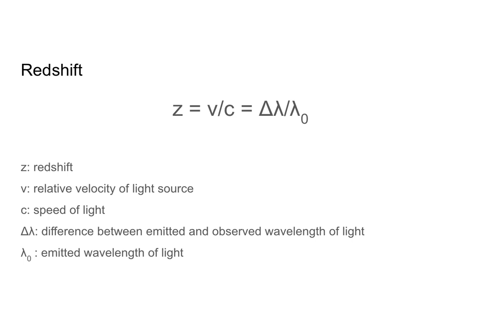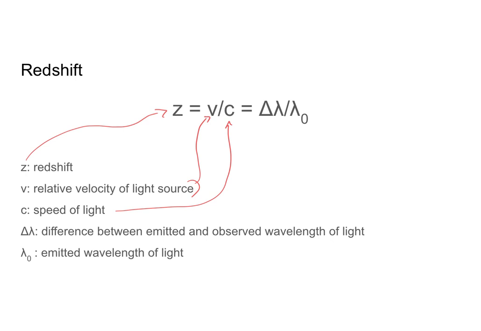Now I'd like to talk about cosmological redshift. In the next slide we are going to talk about where this redshift comes from. For now, I just want to talk about how we describe that redshift and use it to understand our universe. We use the factor z to describe redshift. This redshift factor z is going to equal the velocity of the light source, v, divided by the speed of light in a vacuum, 3 times 10 to the 8 meters per second.